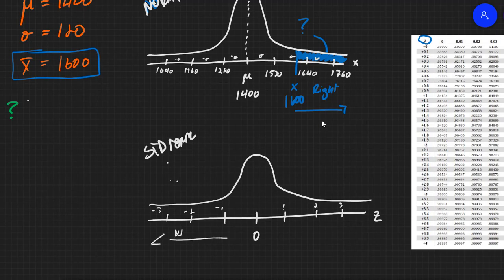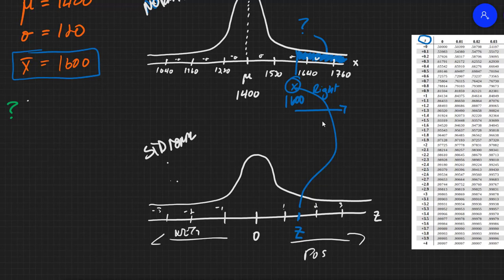All of these numbers are negative. All of these numbers are positive. And we are going to go from this x down to the same position on this point, but this is going to be our z.